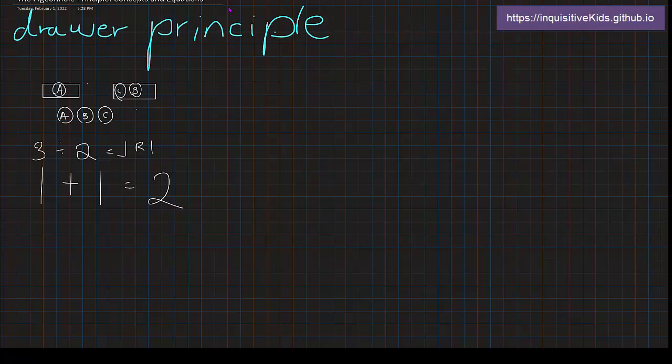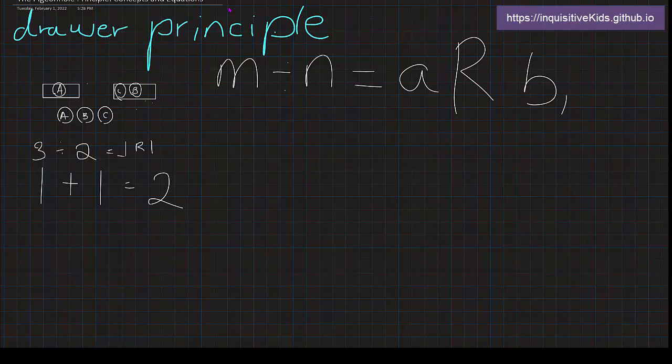The principle says that if m divided by n is equal to a with a remainder b, then there are always at least a plus 1 pigeons in at least one hole.